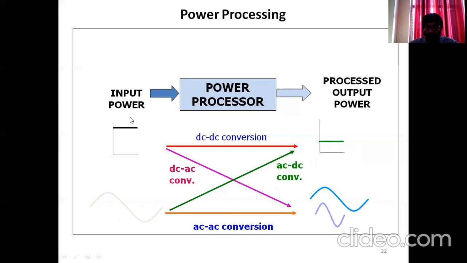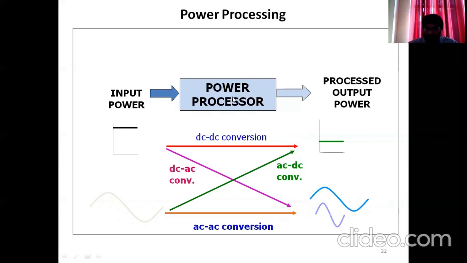It can be a DC, having any amplitude or any value, or it can be AC. Then this DC or AC signal is processed in the power processor, and we get a processed power signal at the output. It can be a changed DC signal or a changed AC signal, changed in terms of the amplitude or frequency or phase.